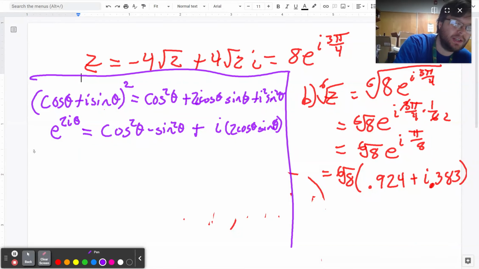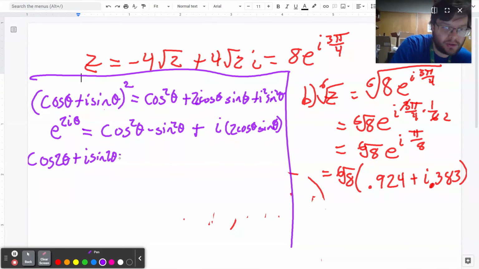And from the left side, I can say it's cosine 2 theta plus i sine 2 theta. And over here, I can get this all in terms of cosine by making this into 1 minus cosine squared theta.